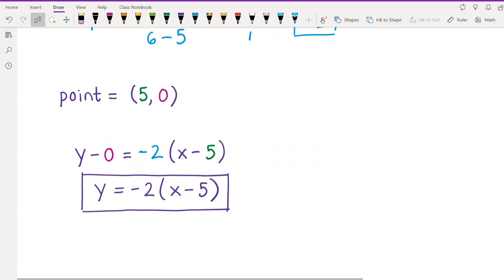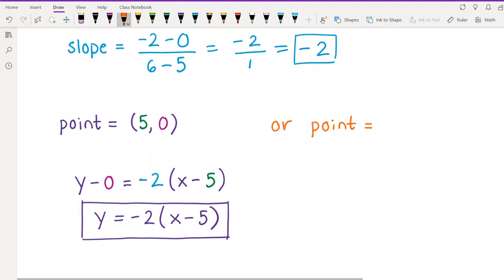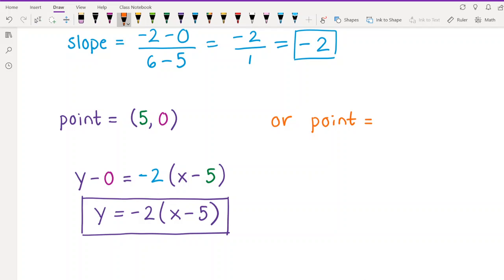Let's see what would happen if instead of using this point, we used the other point. So our other point that we were given was (6, negative 2). Let's see what happens if we use that point.